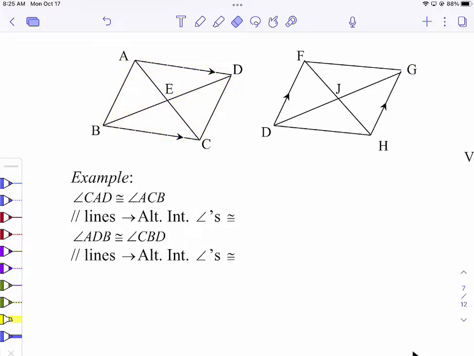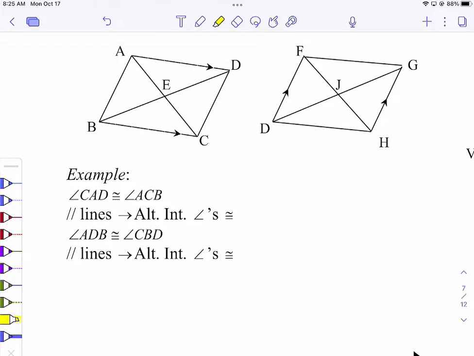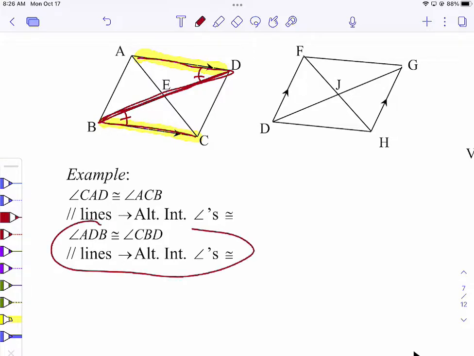I did an example problem. And what I did is I said, okay, I'm going to make these lines the parallel lines. Then I said, okay, if those lines are parallel, this line hits both of those. And then I made that Z shape. And I said, these angles are congruent. And that's this pair. And I'll do these with you, but that's this pair right here.